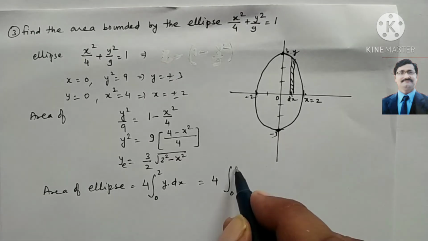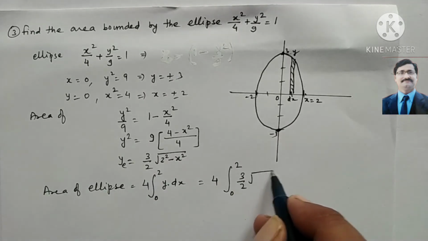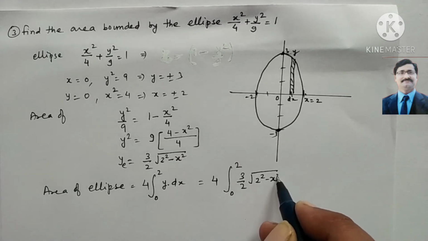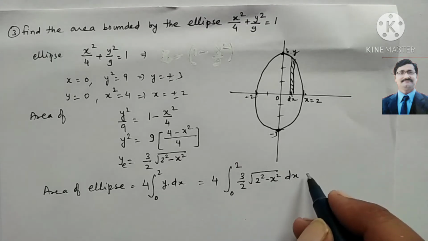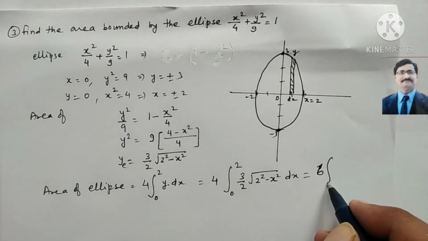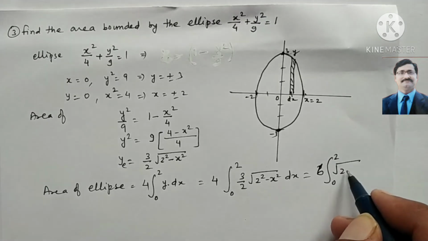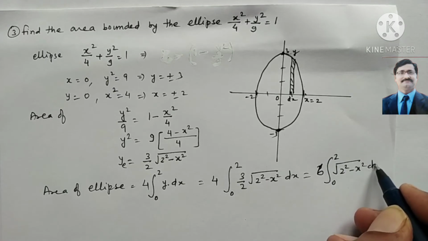So 4 and integral 0 to 2, y we have here 3 upon 2 root 2 square minus x square and dx. This 3 by 2 we take outside, so this 2 cancels, we get here 6. Okay, 6 integral 0 to 2 root 2 square minus x square dx.